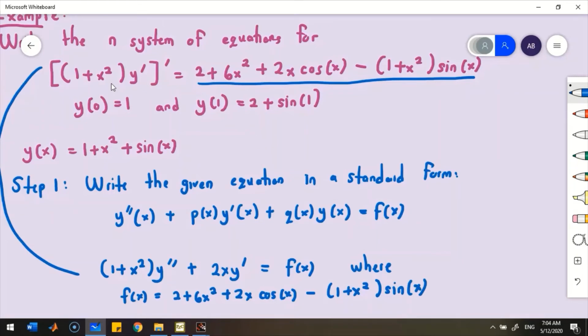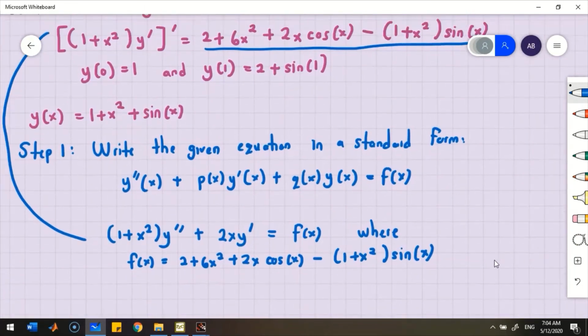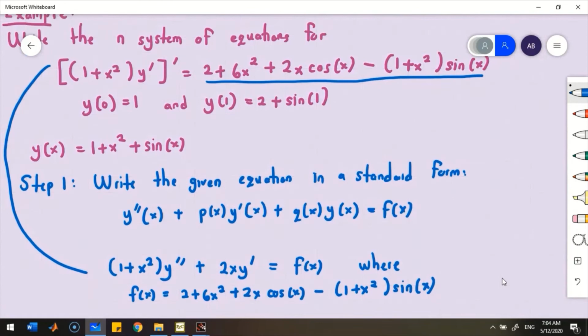Now I should have considered a much simpler problem, but that's okay. Now I'm sure some of you are asking, where does this term come from? Now how can I write this term here? It's another way to write (1 plus x squared) y double prime plus 2x y prime.